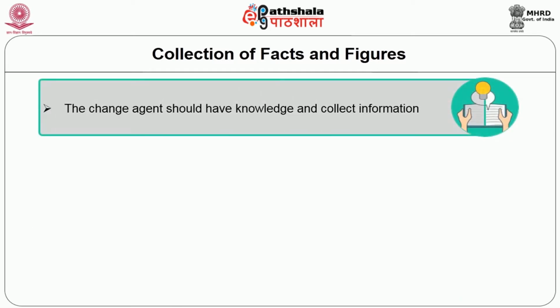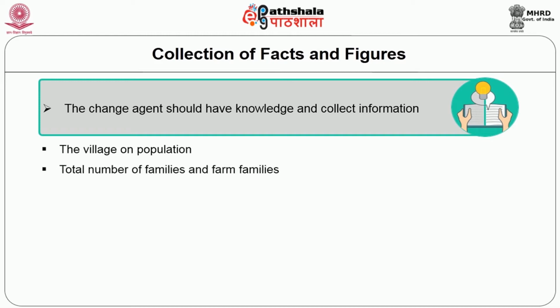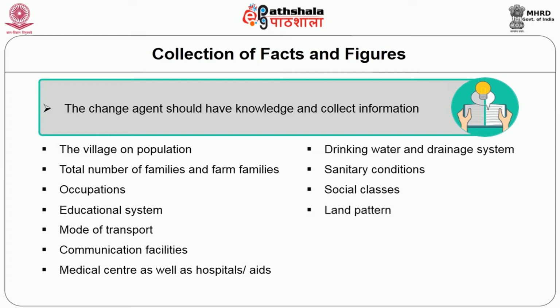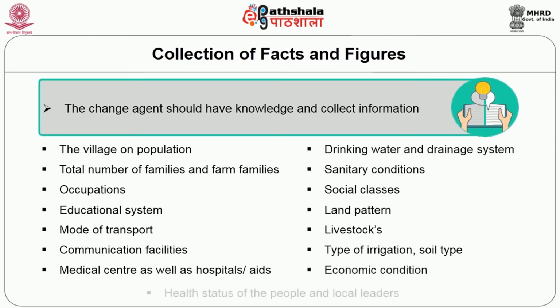In general, the change agent should collect information about the village on population, total number of families and type of families, main occupation, educational system, mode of transport, communication facilities, medical center as well as hospital, drinking water and drainage system and sanitary conditions, social classes, land pattern, livestock, type of irrigation, soil type, economic condition and health status of the people and local leaders.